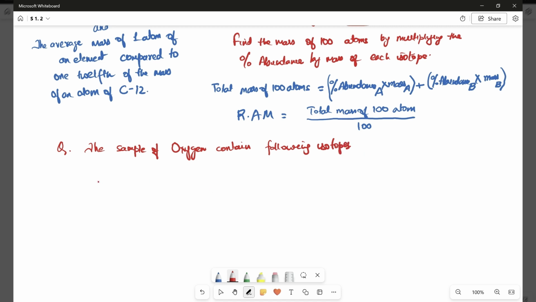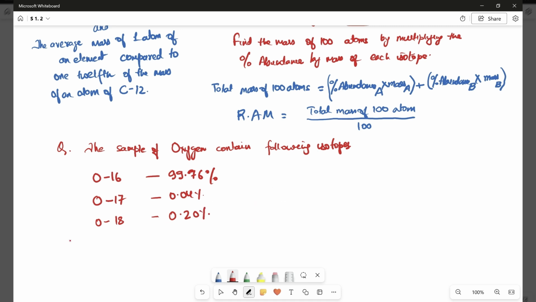Now what are the isotopes? Let's say oxygen 16, percentage abundance is 99.76%. Oxygen 17, percentage abundance is 0.04%. And oxygen 18, percentage abundance is 0.2%.